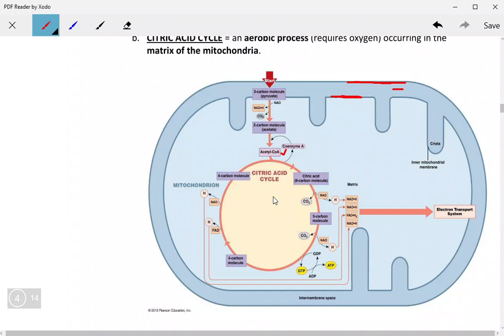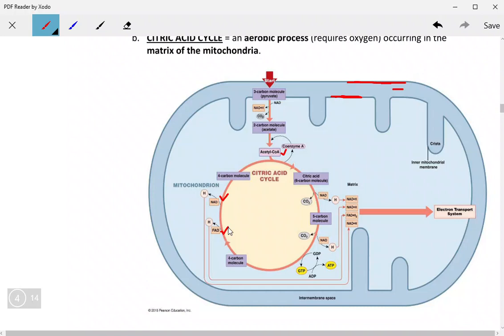And in the same process, we are going to utilize our coenzymes. Remember NAD plus that I talked about before? Remember FAD plus that I've mentioned before? They are going to carry some hydrogen electrons from this process.